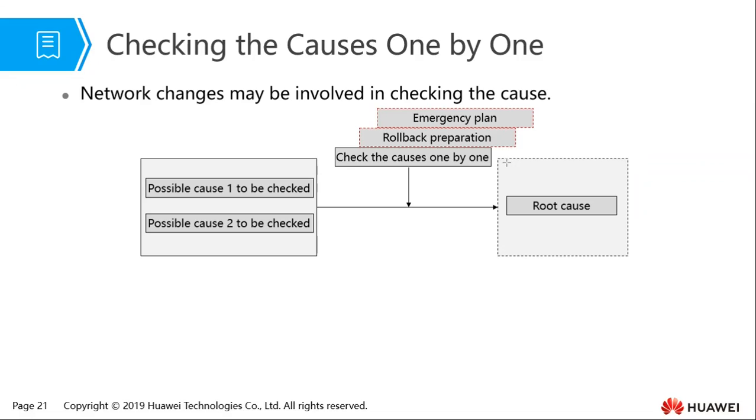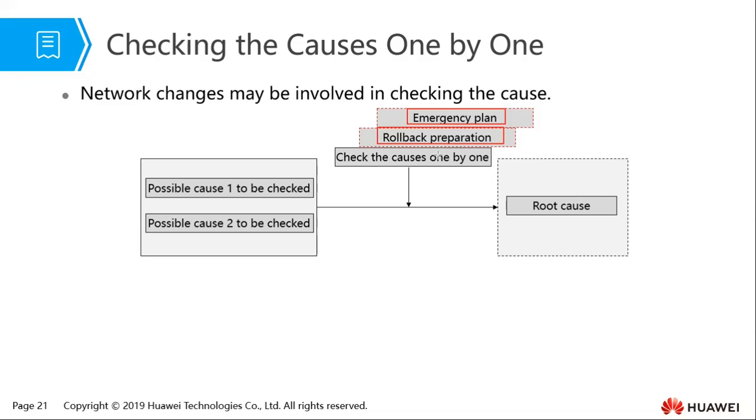Okay, so here, really, you need to balance the urgency for solving an existing fault against the risk of causing a new fault. Sometimes you try to solve a problem and you create many others. So that's why you need an emergency plan, and you also need a rollback preparation.